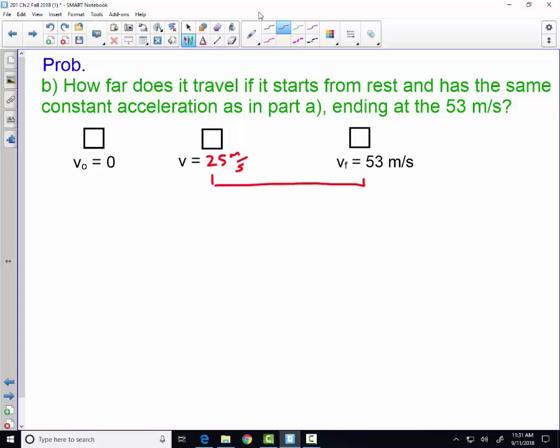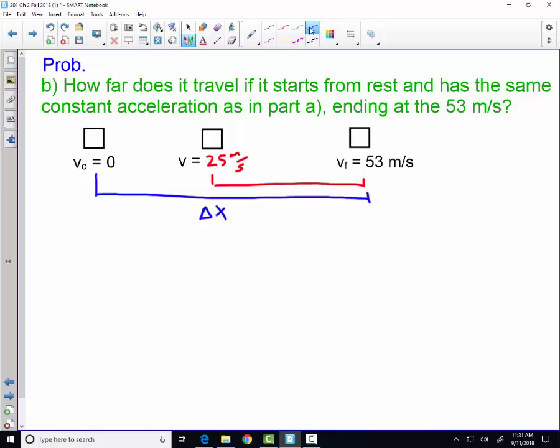What we're looking for now is how far does it travel if it starts off from rest. So let's change color. So now I want to look at the total displacement it has starting from rest if it had the same constant acceleration as in part A and ending at the 53 meters per second.